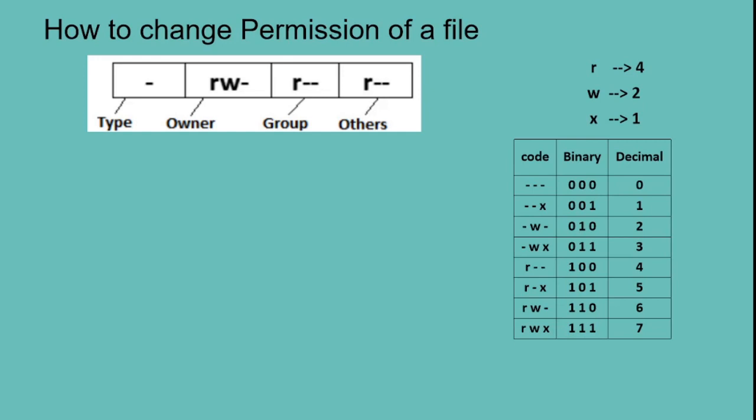Let's understand the first row. There are 3 dashes, which means no permission is assigned, so all binary bits are 0. Let's look at the second row. The permission code says dash dash x, the related binary is 001, and the decimal related to the binary is 1.